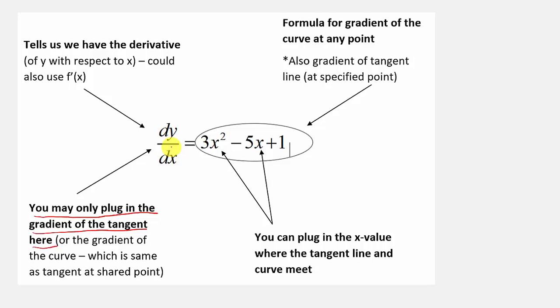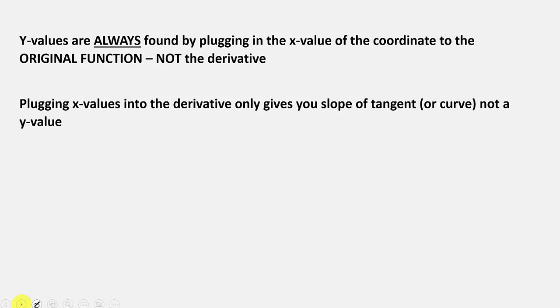And then dy/dx tells us that we have a derivative. Our derivative is our formula for the gradient of a curve at any point, which is the gradient of the tangent. And you can plug in the x value where the tangent line and the curve meet. So that shared point, you can plug those x values in here to get slope. Or you can plug slope of the tangent in to solve for x. Those are really your only two options with the derivative.